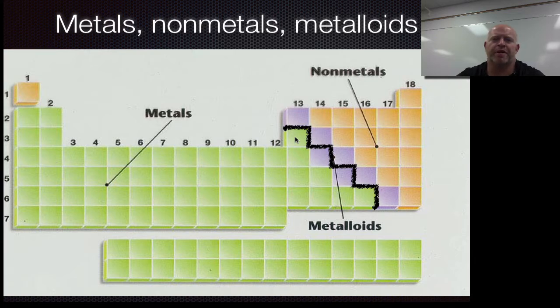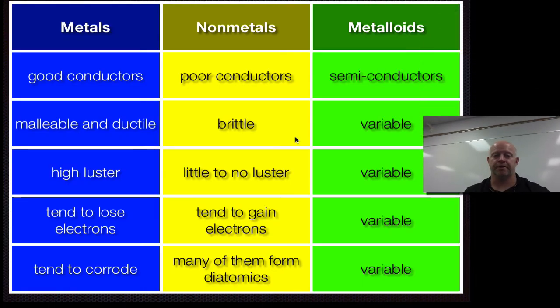Now, when you start talking about metals and nonmetals, what makes them a metal, what makes them a nonmetal? Well, we have a chart. Now, there's more properties than just this, but these are the ones that are really easy to identify. Okay? And the first one is probably your most commonly used property to identify a metal versus a nonmetal, and that has to do with conductivity.